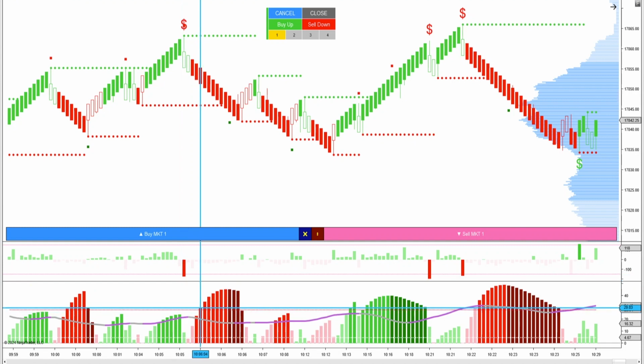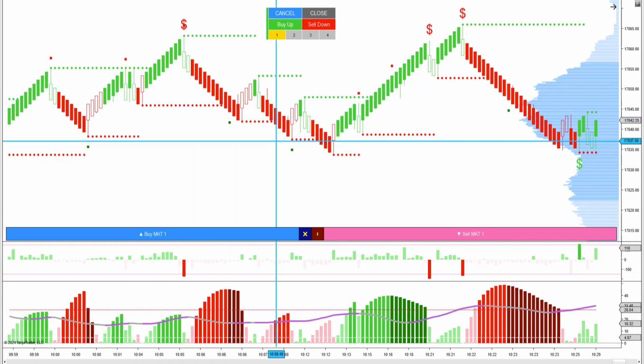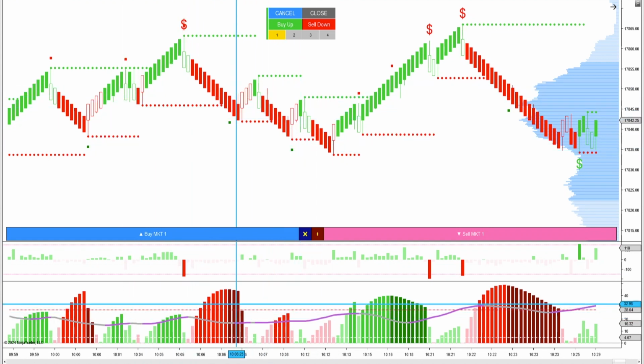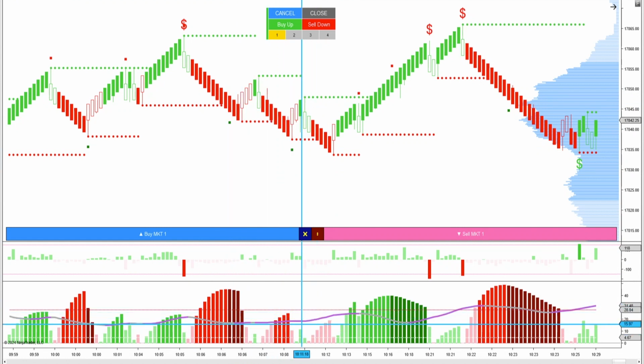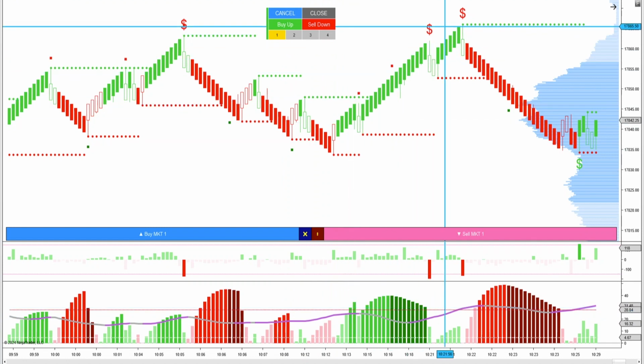Our Waddah Attar histogram is overpowering the previous two long moves here, and we get a nice move down. Here we see our short moves are decreasing in strength, and here the histogram on this up move is overpowering the previous two short moves, and we get a move up.